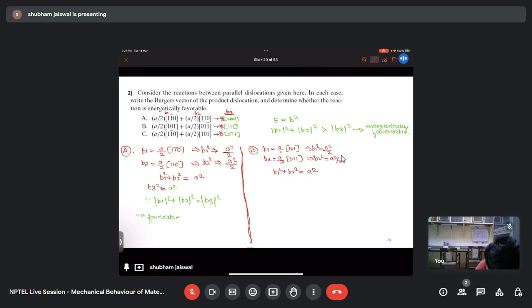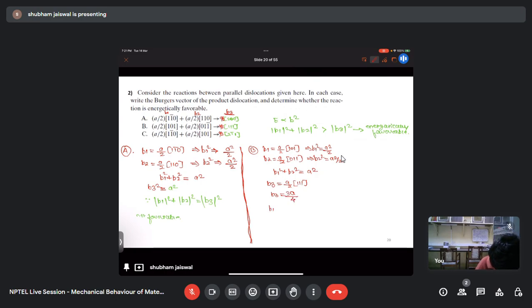Similarly, if we do for b3, b3 is a by 2, 1, 1, 1. So how much is it? b3 square is 3a square by 4.